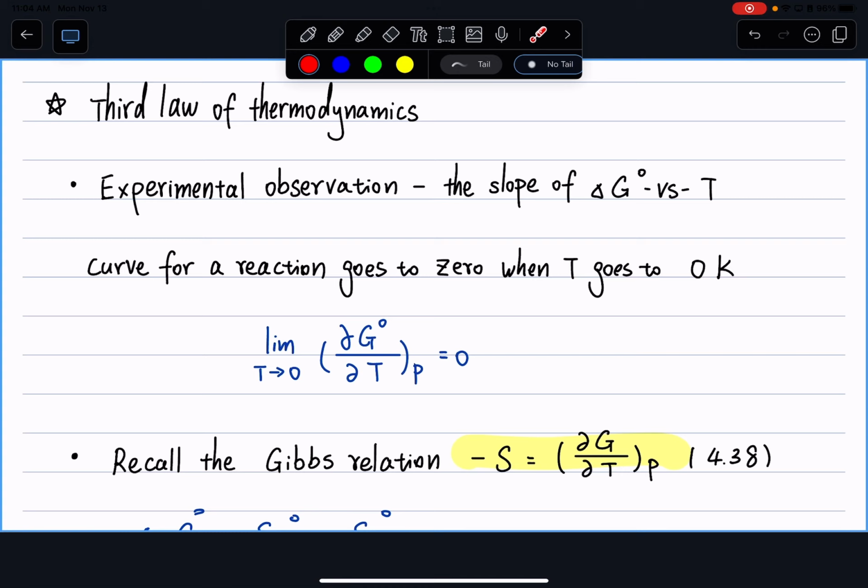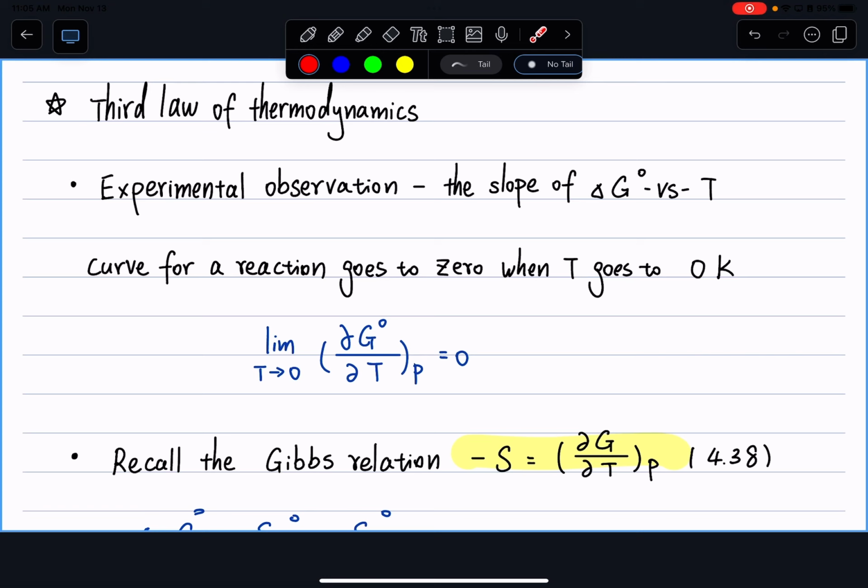This is also quite straightforward to understand if you think about delta G naught of a reaction being related to your reaction equilibrium constant, which we will cover in future lectures. But right now, you can imagine a link between delta G naught and your equilibrium constant. And naturally, when our temperature approaches 0, all of our reactions get shut off, right? So it's natural to imagine what that observation is.